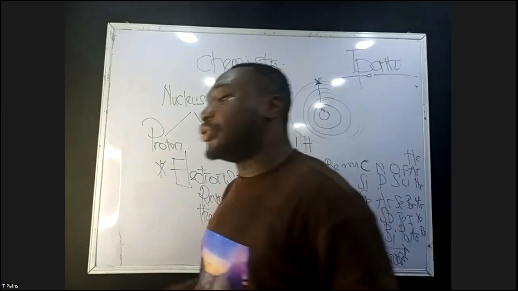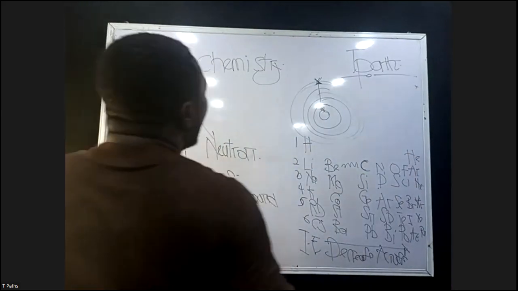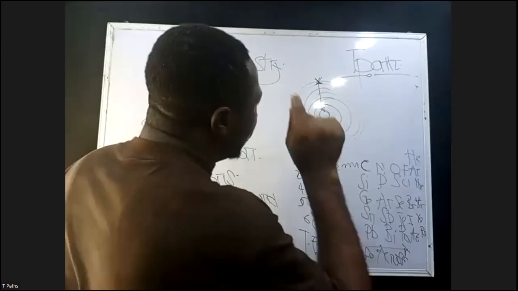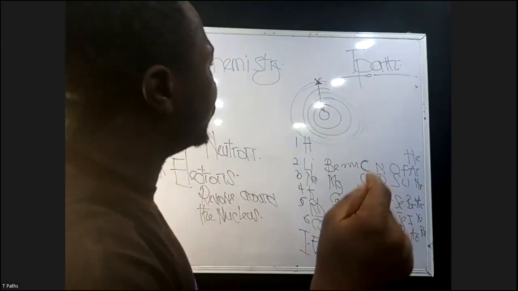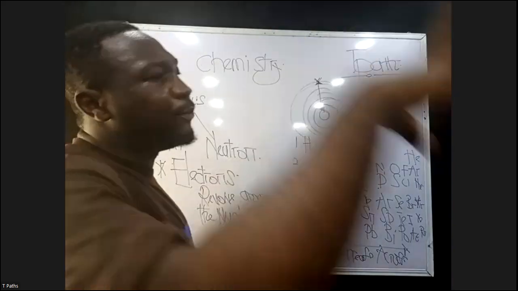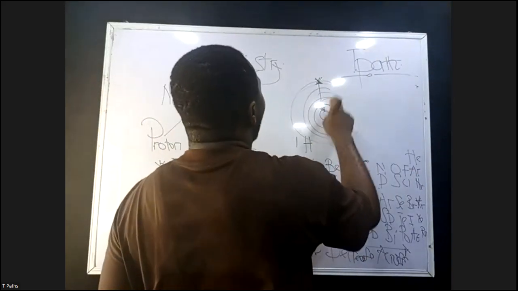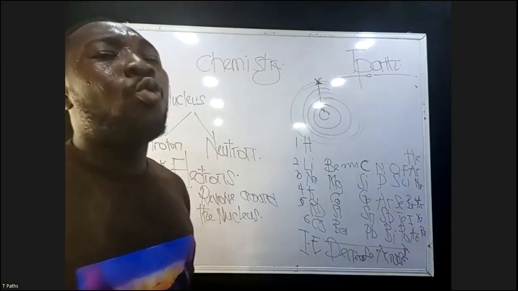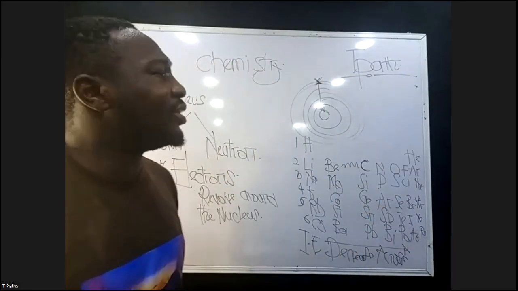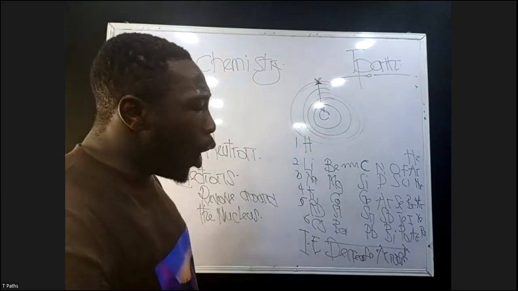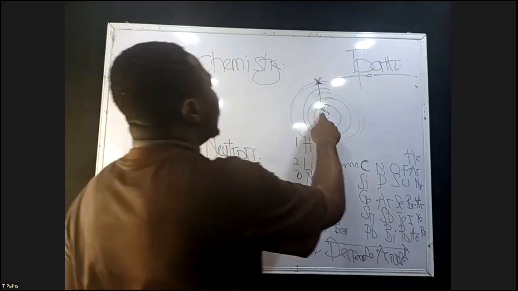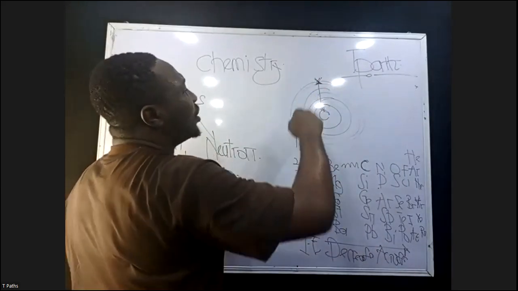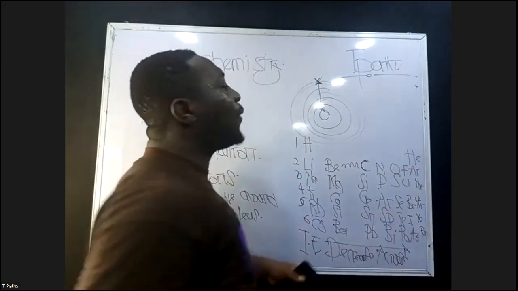What is the implication of it? The attractive force between the nucleus and the outermost shell electron will keep on decreasing, because the distance between the nucleus and the outermost shell electron is far away.